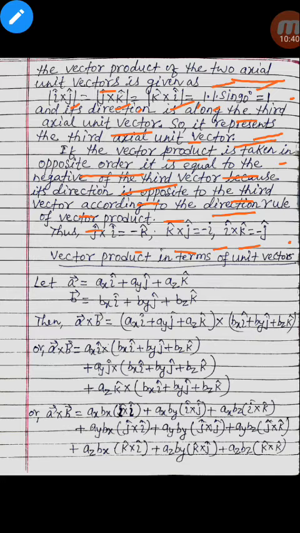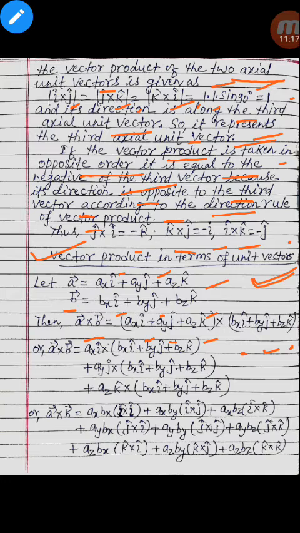Now we study the vector product in terms of unit vectors. Let vector a equal to ax i plus ay j plus az k and vector b equal to bx i plus by j plus bz k. Then a cross b equals ax i plus ay j plus az k cross bx i plus by j plus bz k.